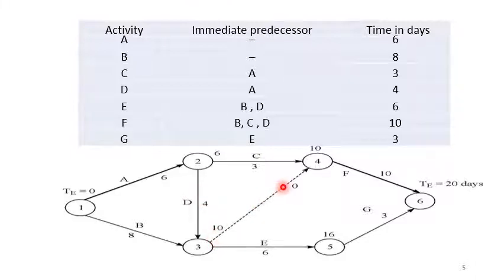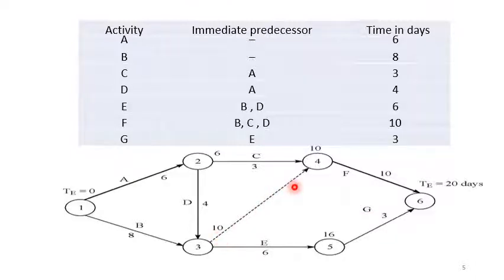So if I have to show all these 3 precedence relationships in the network, there has to be a dummy activity added to this particular network, and this dummy activity will have a time of 0, because it is not an actual activity at all. It is just introduced into the problem and is represented by a dotted arrow. All the solid arrows represent actual activities, whereas this dotted arrow represents a dummy activity.